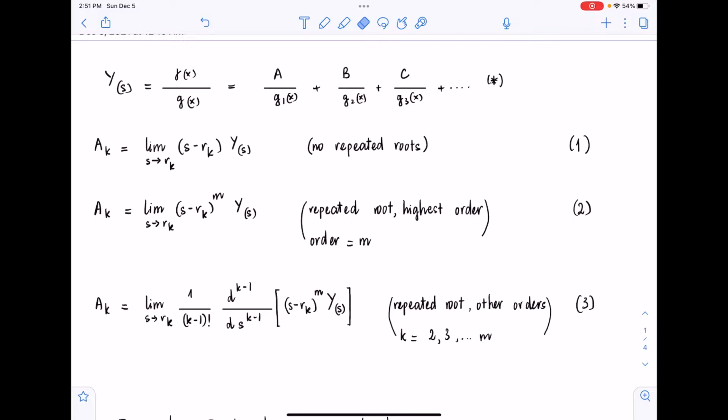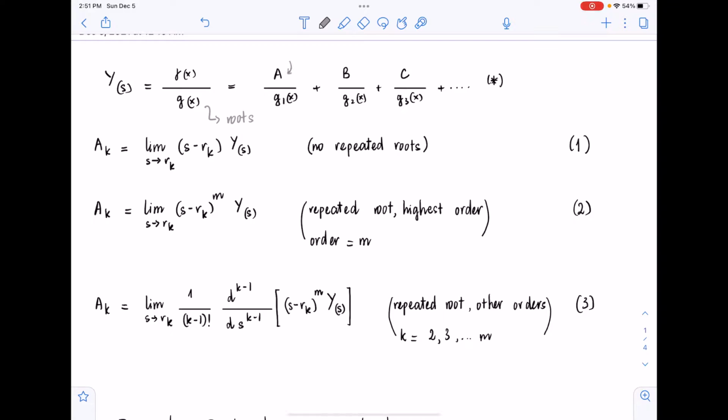The first thing we need to do is to identify all the roots of the denominator of the original function. Then we can rearrange function Y(s) into different terms that will be easily taken inverse Laplace transform.